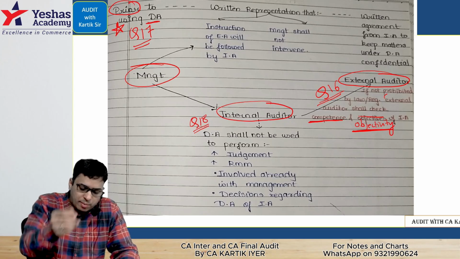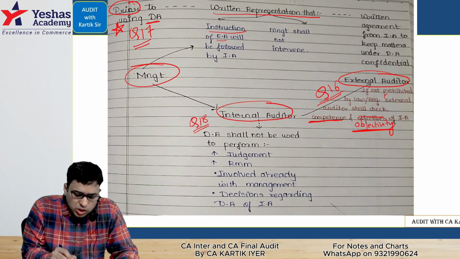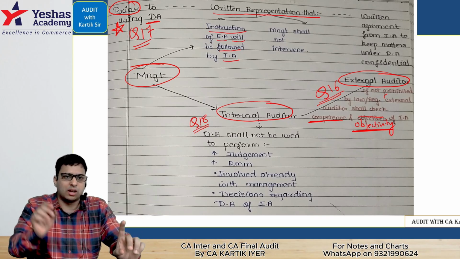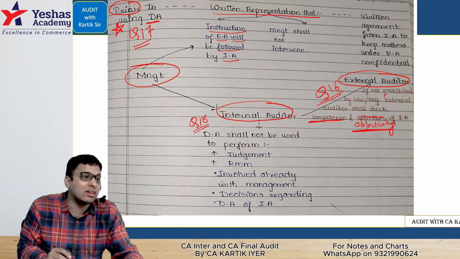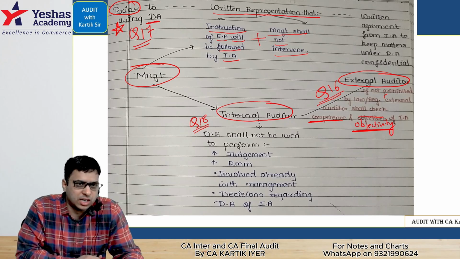First, I will go to the management and tell the management, see, I want a written representation from you that the instruction of the external auditor will be followed by the internal auditor. And second, when I give instruction to the internal auditor, management, you please don't intervene, don't interfere. So management shall not intervene regarding these two matters. Management shall give me the written representation.